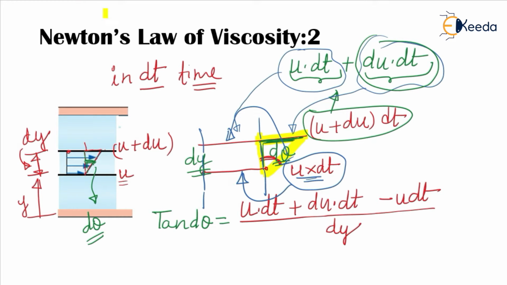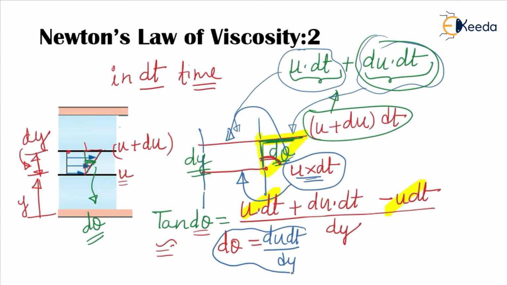Now if you see, this du dt and this du dt will get cancelled out, and for a very small value of theta, if the angle is very small, then we can approximate tan theta to be d theta, which can be written as d theta equals to du dt over dy.